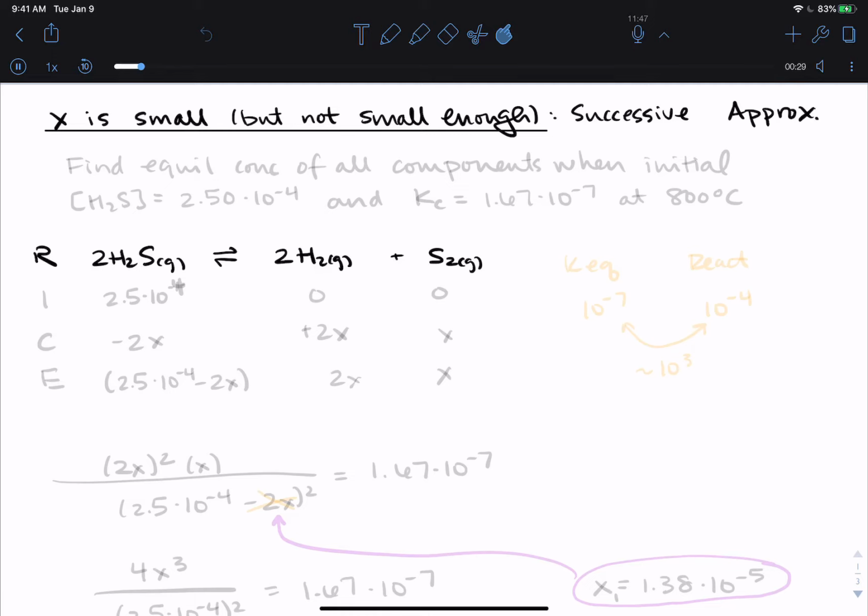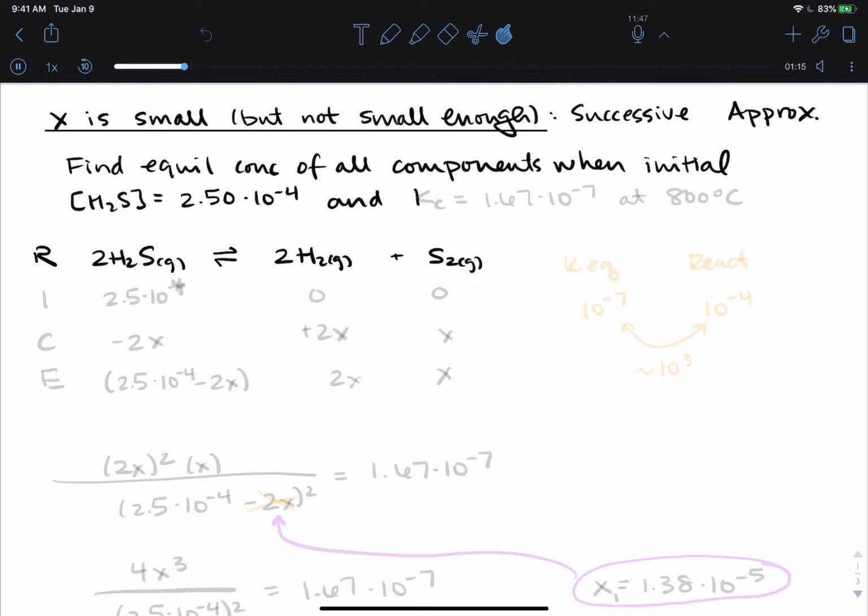So I'm going to look at the same example that we did in the previous video. This H2S gas, 2 of those in equilibrium with 2 H2 and 1 S2. And we are going to find the equilibrium concentrations of all components, when the initial concentration of H2S is equal to 2.50 times 10 to the minus 4th.